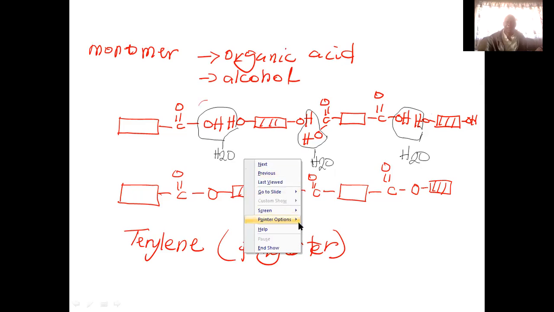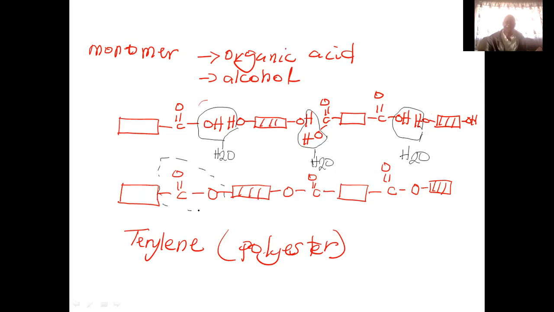And so you notice that here you have several of these ester linkages, and that's why it is known as a polyester. You have that one there, you have another one there. So we have several of these, and therefore terylene is known as a polyester.